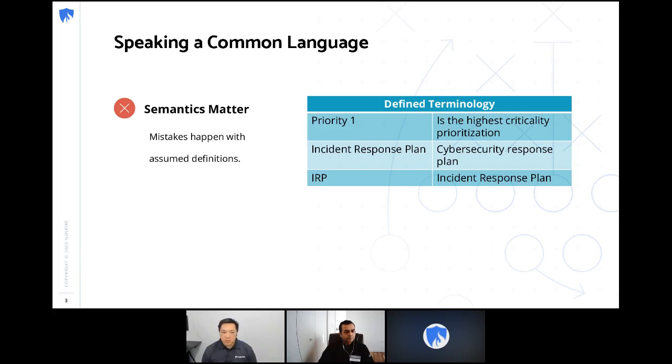But for this webinar specifically, I want to ensure everybody understands that a priority 1 is the highest criticality prioritization. That means if a priority 1 hits for Big Acme, they're dropping everything and responding. And when we talk about an incident response plan, we mean a cybersecurity incident response plan. If you hear the abbreviation IRP, we're referring to the incident response plan that we're developing.